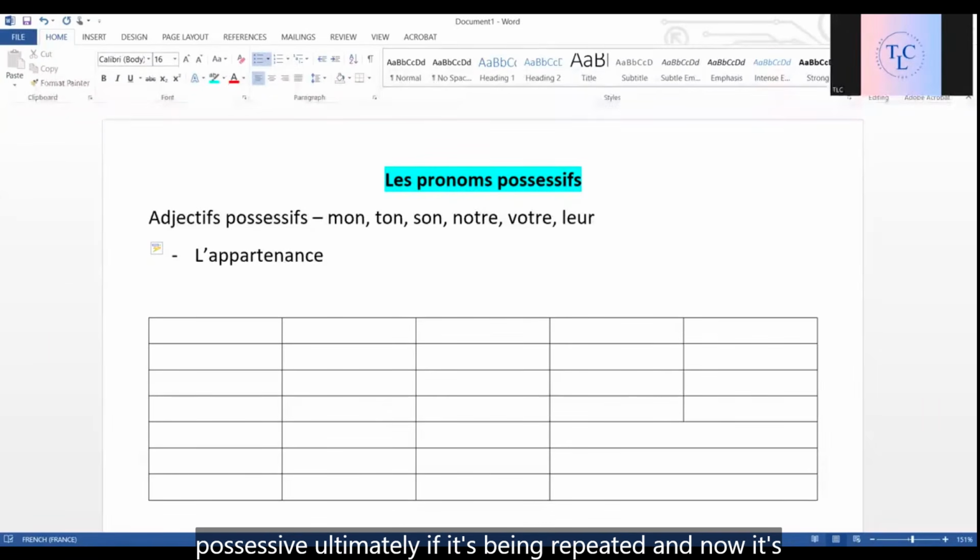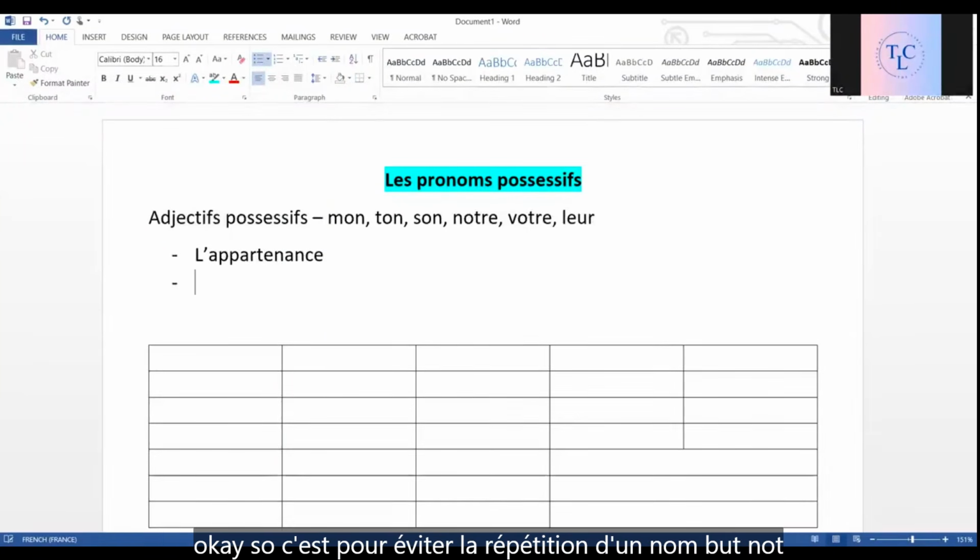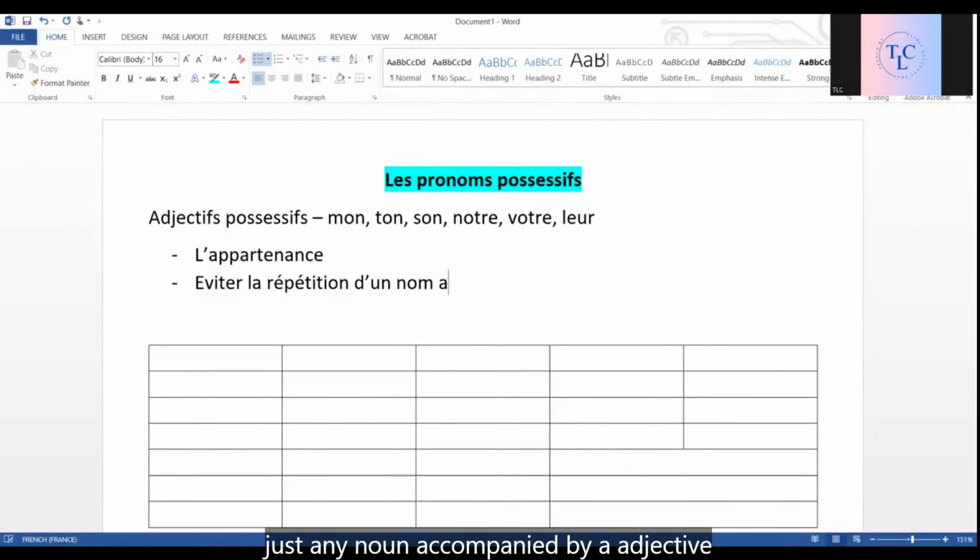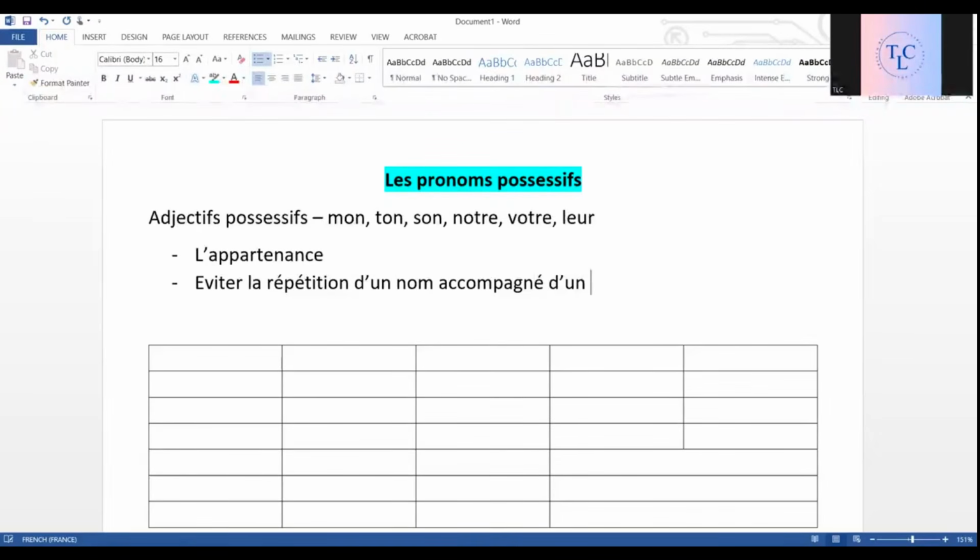Ultimately, if a noun is being repeated and it talks about belonging, it belongs to someone, then we replace that noun with a pronom possessif. C'est pour éviter la répétition d'un nom, but not just any noun, accompanied by an adjective possessive.